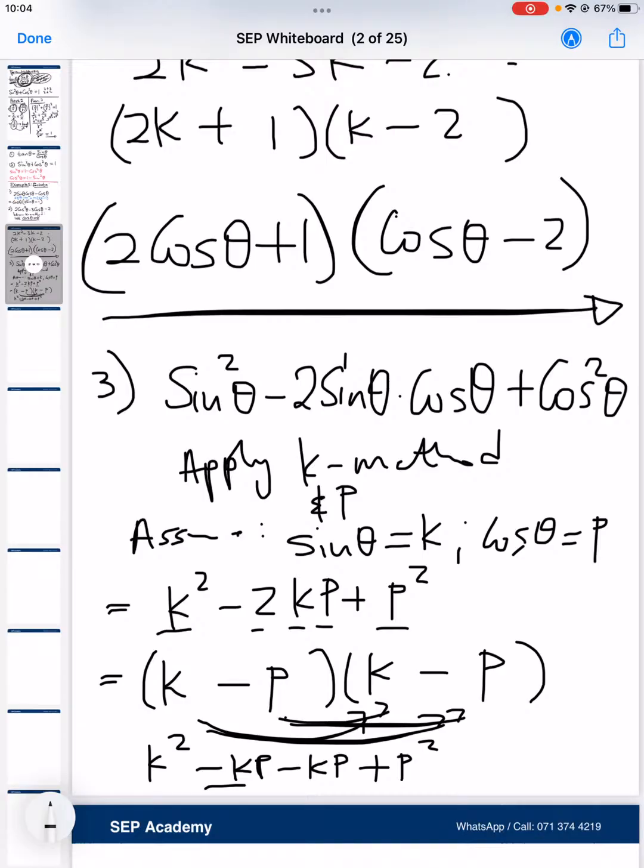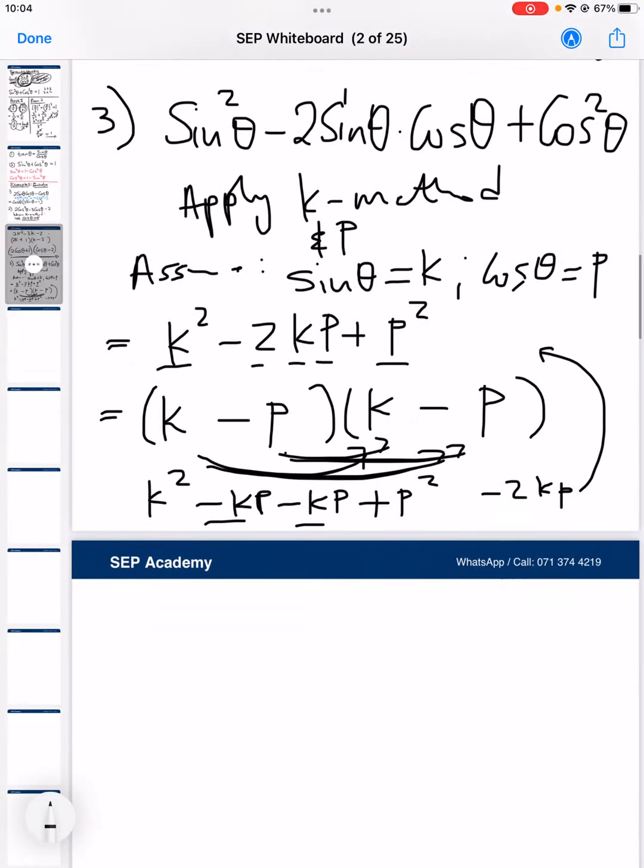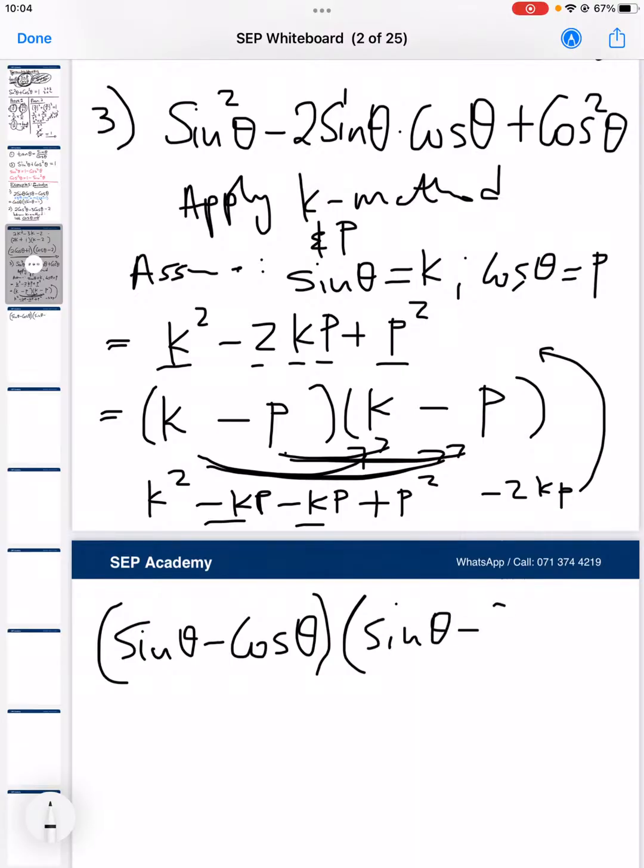So negative 2KP. It took you back to the original thing that you are given. Because you're using the K method, remember that your K is sine and P is cos. So you have sine of an angle minus cos of an angle. That should be the end of it.